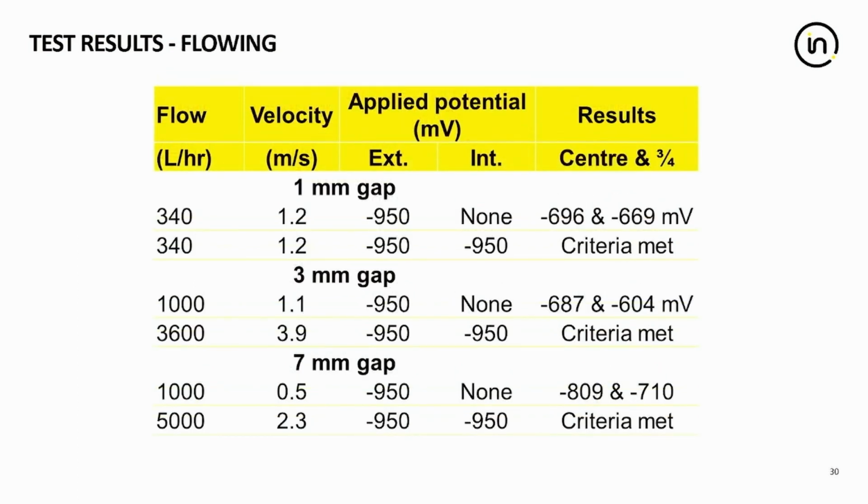And in flowing conditions, it was harder. There were several instances where internal protection wasn't applied, and then there was insufficient protection in all three of the gaps that we looked at under a variety of flow rates.